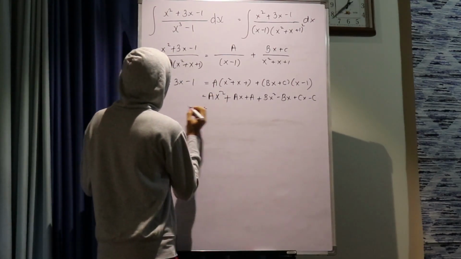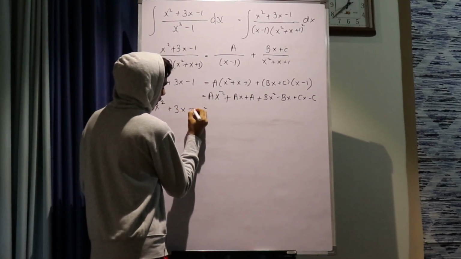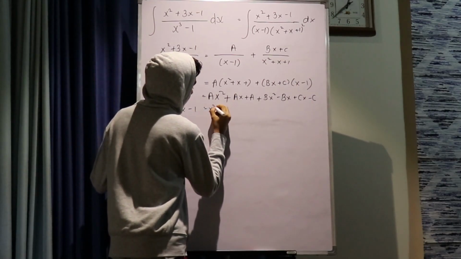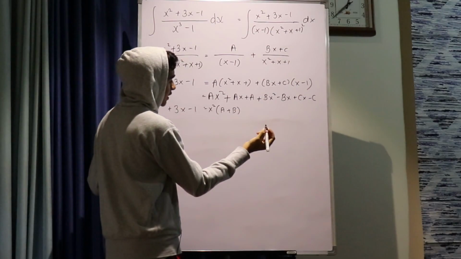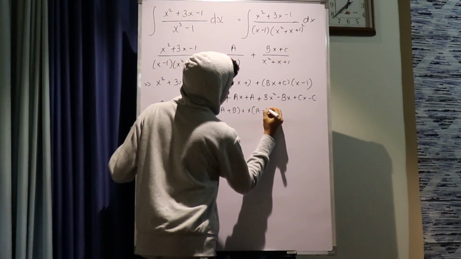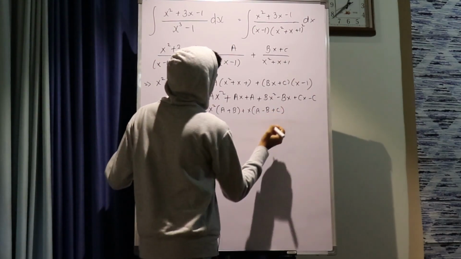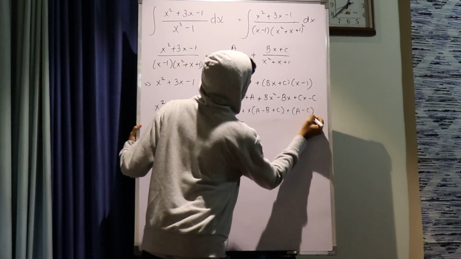So let me just rewrite this part, the left-hand side over here. We can take x squared common, and then we get a plus b in brackets, and then take x common, and you get a minus b plus c in brackets. And then the constant that you have left is a minus c.